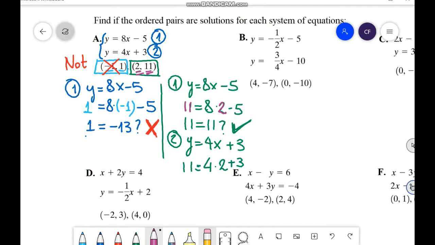Plug in y equals 11 and x equals 2. That's here. And let's check. Too much stuff going on. That's right, Kalia. 4 times 2, 8, plus 3, 11. Is 11 equals 11? Yes. That means this one, yes. This is a solution for the system.